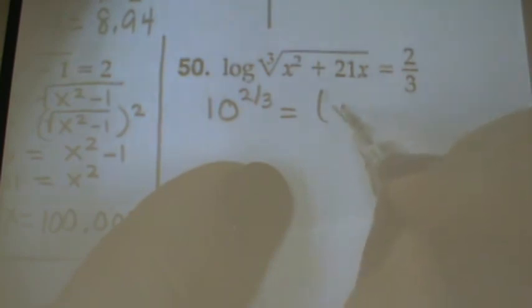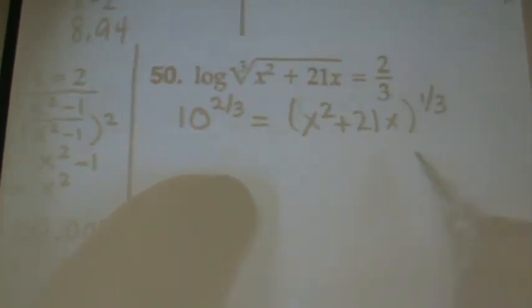Ooh, this is the hardest one and we're done. What's the base? 10 to the what equals what? Oh, yeah. Can I rewrite this? Let's rewrite it as x squared plus 21x to the 1/3 power.